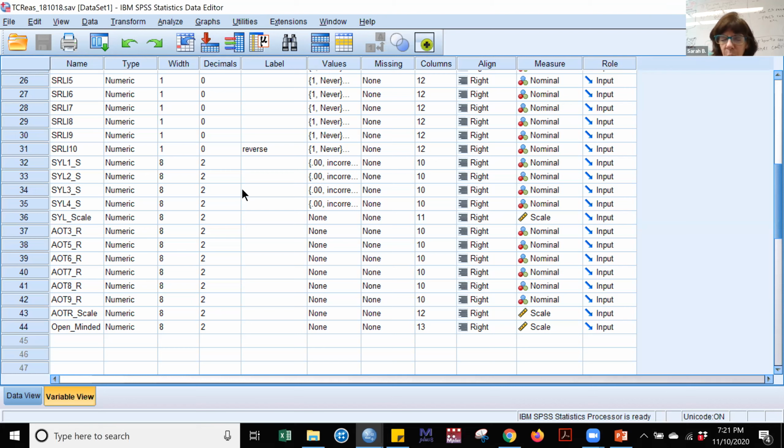And so whether the motivational components of some of the prompts resulted in higher performance on the syllogisms, or open-mindedness. Okay, so my dependent variables were syllogisms for logic and open-mindedness for open-mindedness.